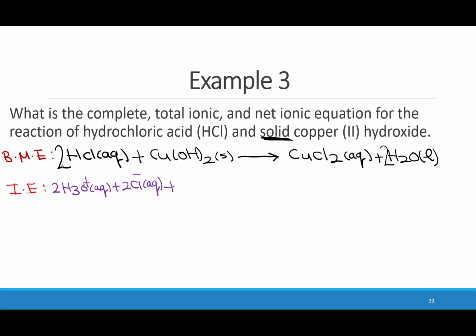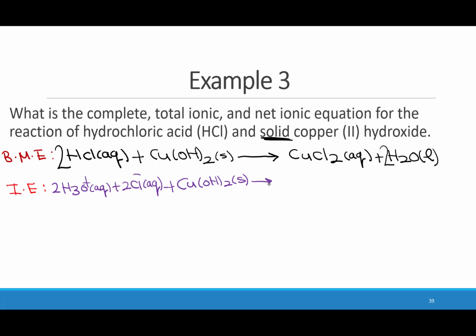Then, for copper 2 hydroxide, even though it is a base, since the state of it is solid, we keep it intact. That means it will not separate. I'm going to write it as copper 2 hydroxide. Remember, solids, liquids, and gases do not separate.